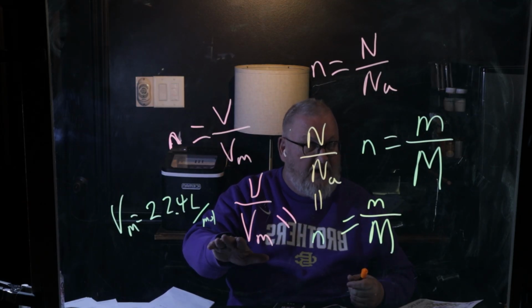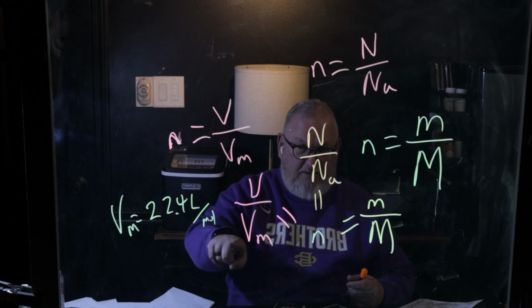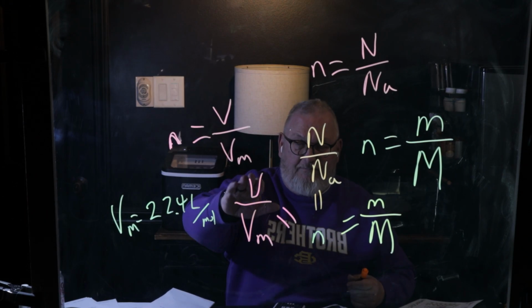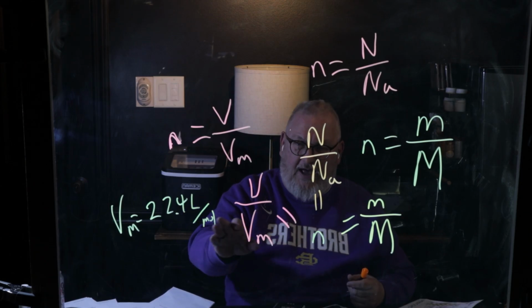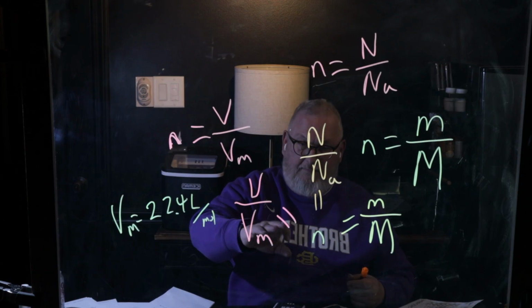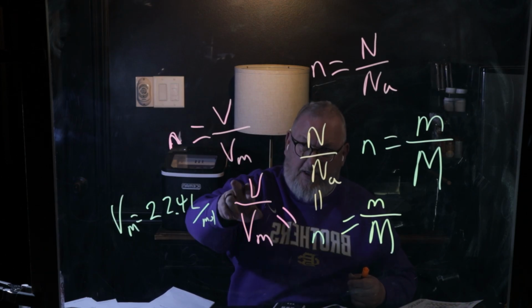then we divide by the molar volume. If we need to find particles, then we multiply the number of moles by Avogadro's number.